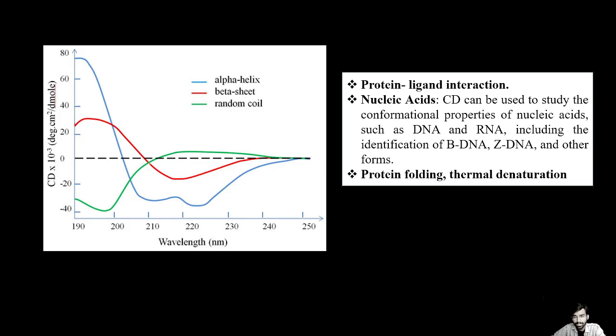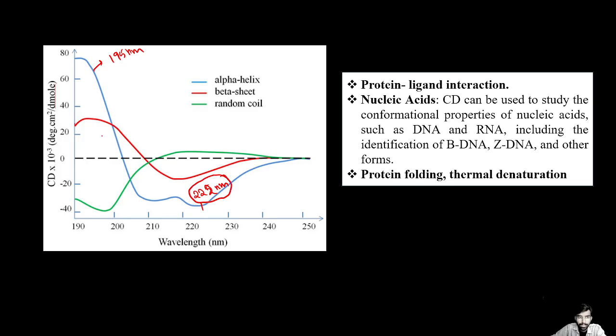So the CD generally here you can get to know various secondary structure details: alpha helix, beta pleated sheet, random coil. So in alpha helix you can see it's showing a positive peak at around 195 nanometer and a negative peak at around 225 to 222 nanometer for alpha helix.